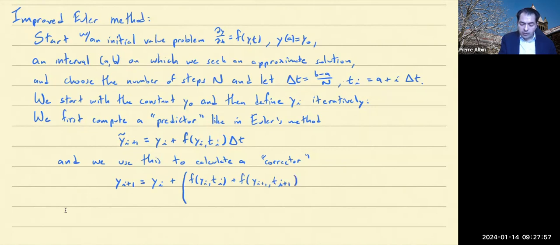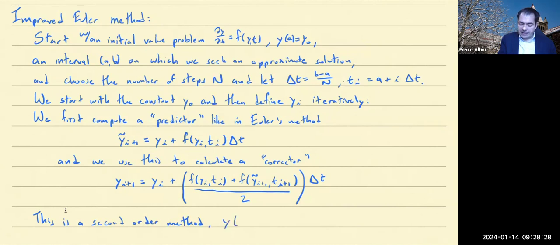But of course, we're computing y_{i+1}, so we don't know what it is, so we take our predicted value, average those two, and multiply that by the step size. Okay, so this corrected Euler's method, or improved Euler's method, gives us a second order method.